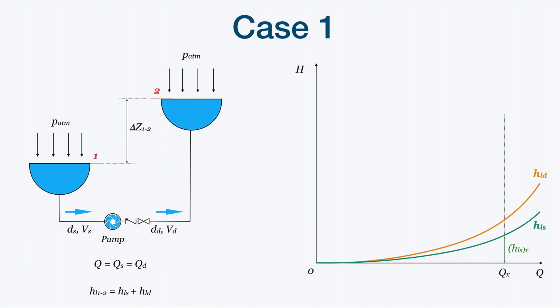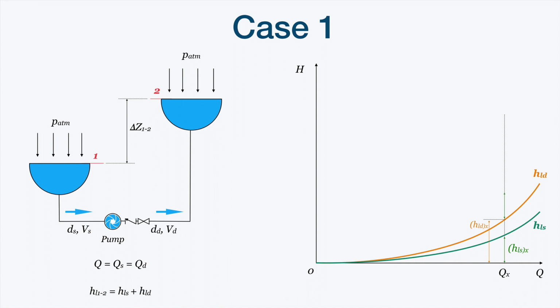We can also draw the head losses curve for the discharge pipe, and the corresponding value of the head losses for this flow rate Qx.